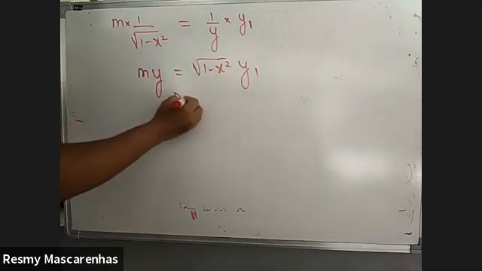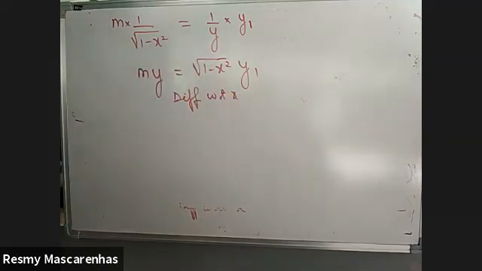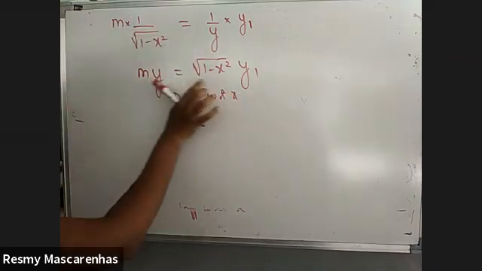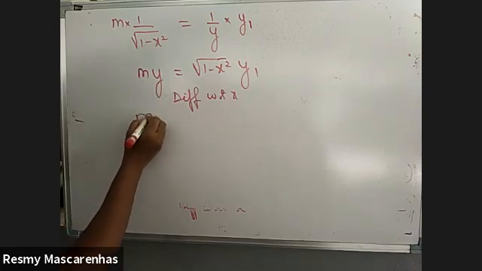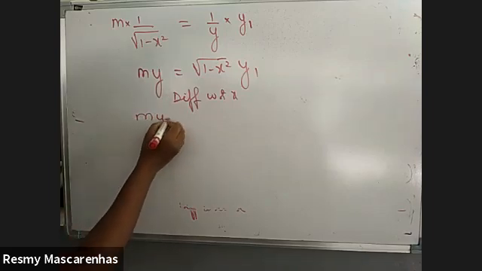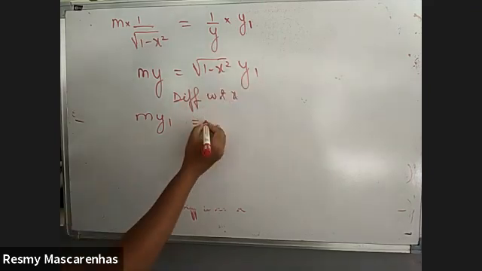Now you can differentiate the second time. This is without squaring if I'm differentiating. Those who have squared also will get the same answer. Now if you differentiate, this will be m y1, u into v.